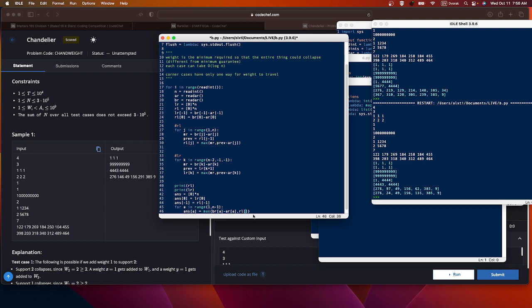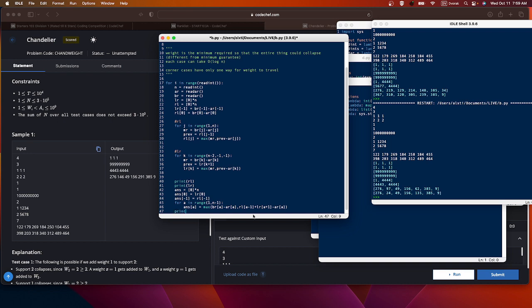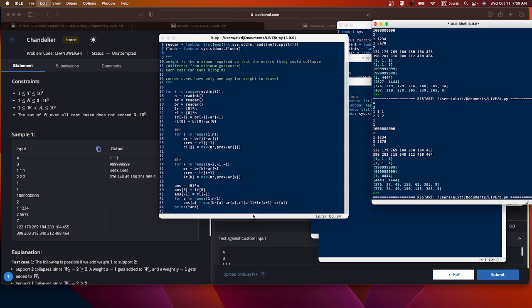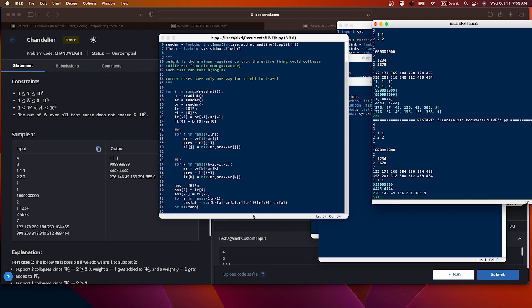So RL A minus 1 plus L to R A plus 1, subtract your current starting value. Nine 156 291.